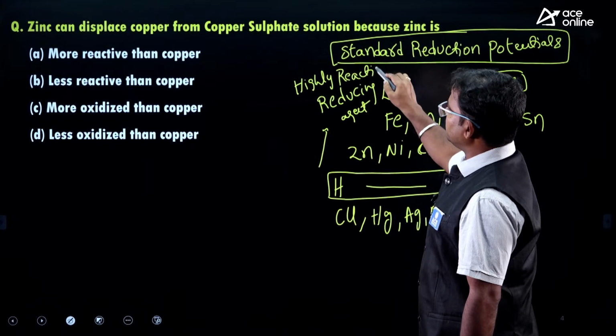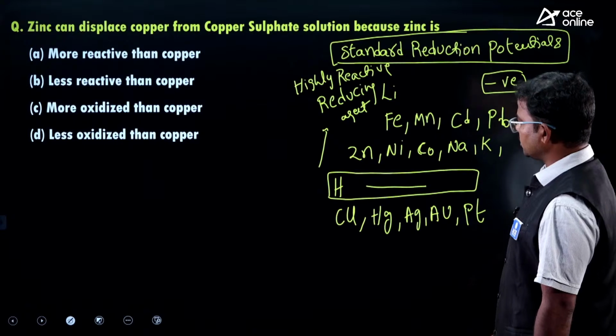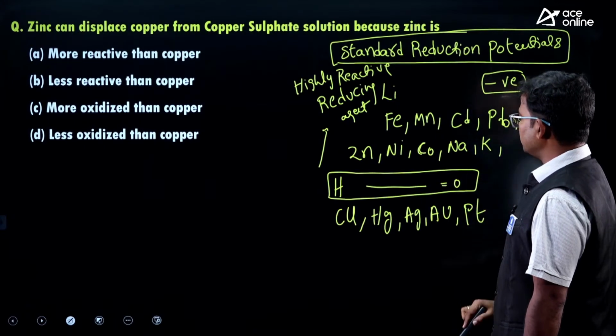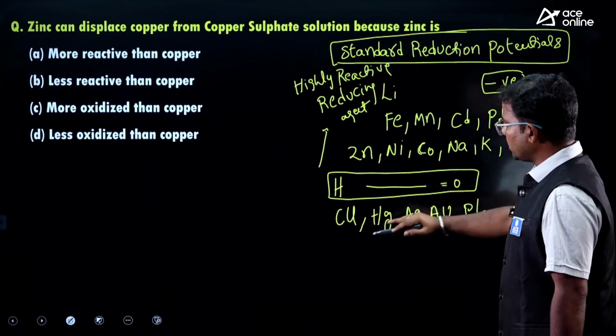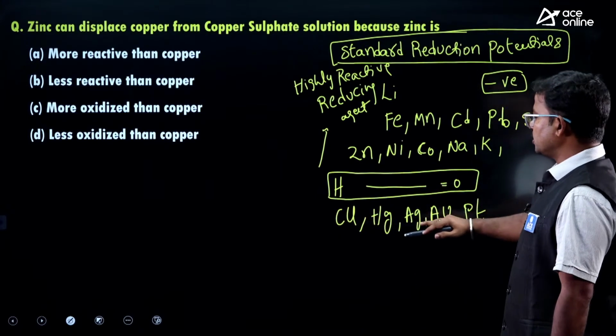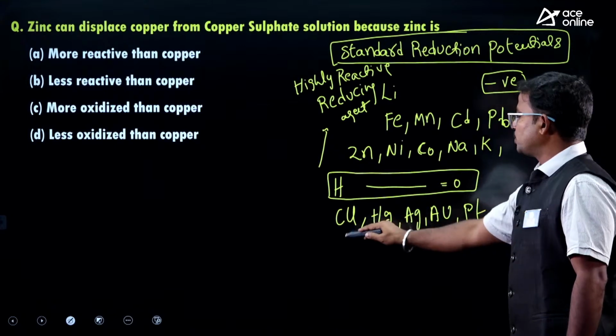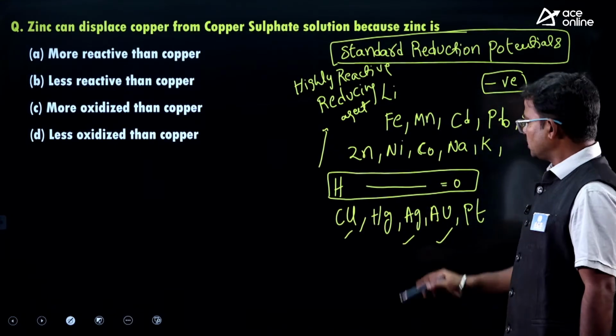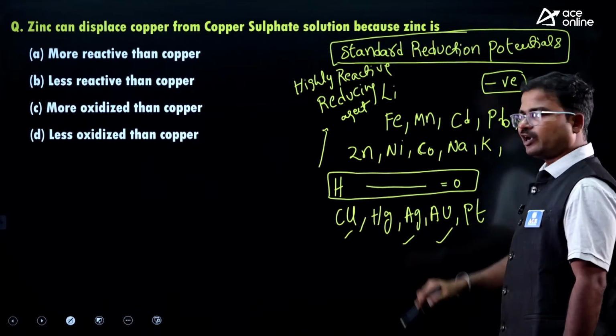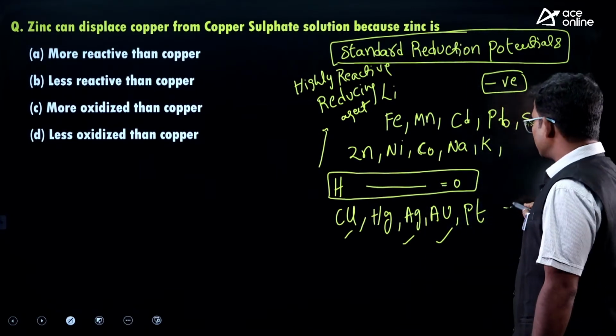Okay. So what about below hydrogen? Hydrogen's standard reduction value would be 0. Below hydrogen mostly we have copper, silver, gold, these three are called noble metals. Next mercury and platinum. So these 5 metals have positive SRP values.